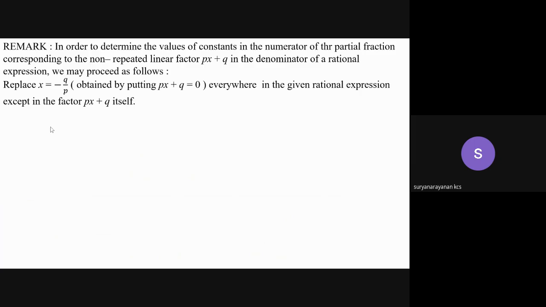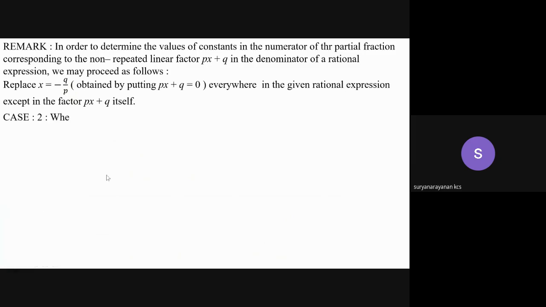In that factor, we should not substitute this x value. Substitute the x value in the remaining part of the rational expression. Then we get the corresponding numerator constant. Like this, we find the values of the numerators.